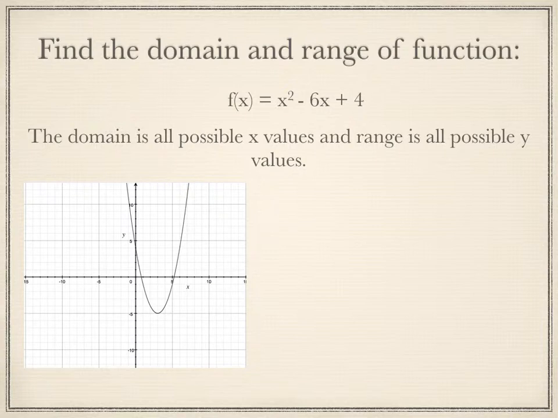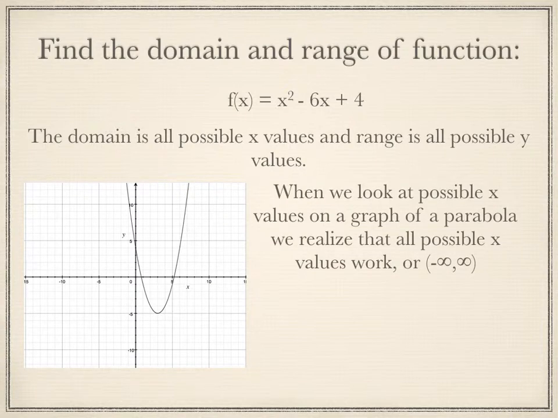So we've got our graph here. And when we look at possible x values on the graph of the parabola, we realize that all possible x values work. So if you look at that line going through there, at x equals 0, we get 5. Or sorry, it looks like 4.